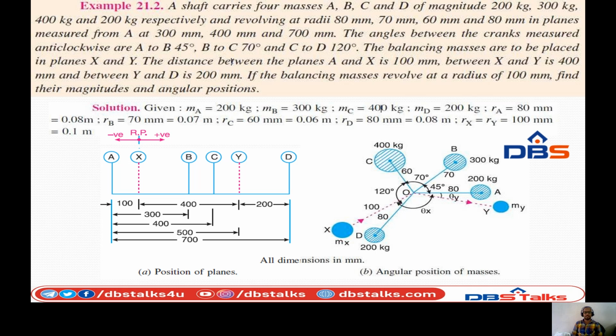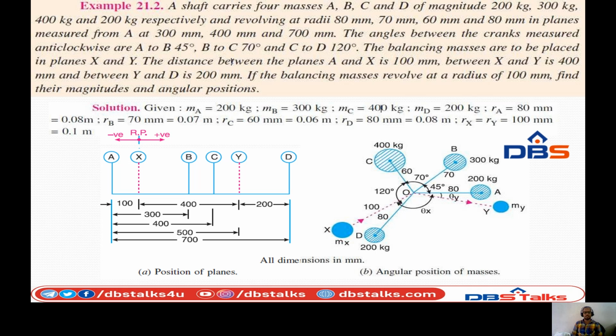But what about X as a reference? To the left of X there is only A, so only one negative will be there. In the last problem also we discussed that the negative will indicate the direction only. So we can refer to Y also, no problem for the solution. The negative only means the direction may change.